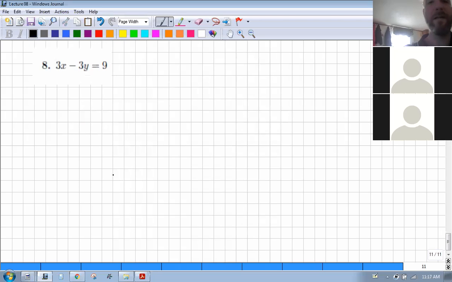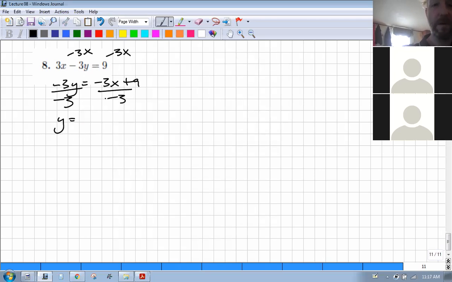And number 8, let's subtract 3x from both sides. That gives us negative 3y equals negative 3x plus 9. Now divide everything by negative 3. We have y equals negative 3 over negative 3 is just 1, so we get x. 9 over negative 3 is negative 3.